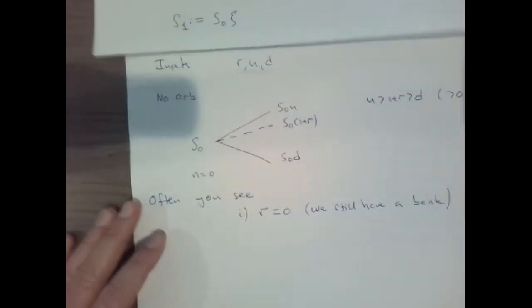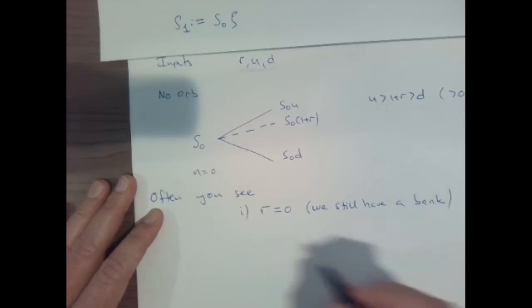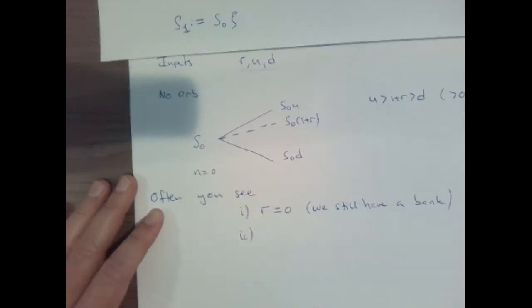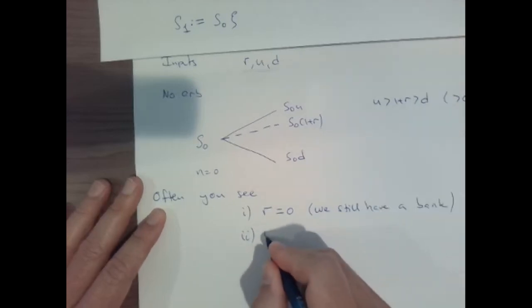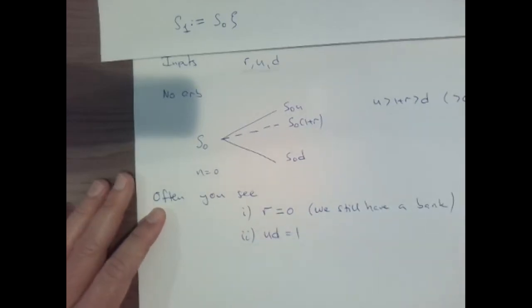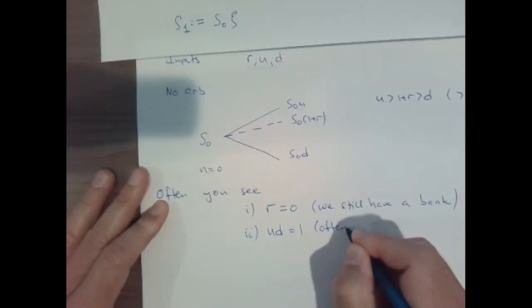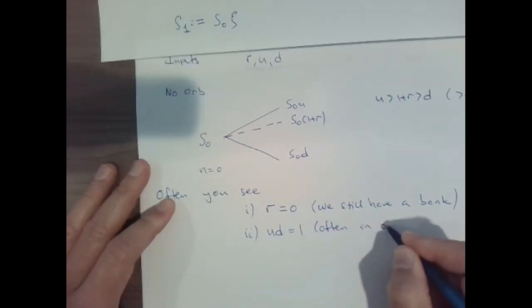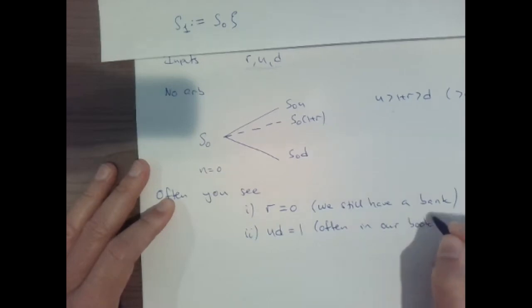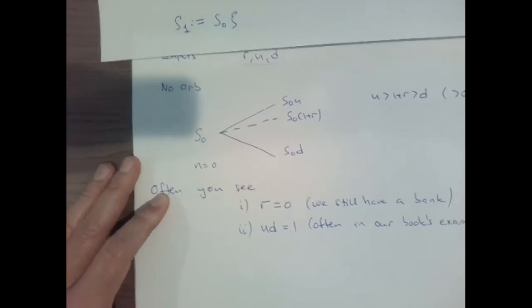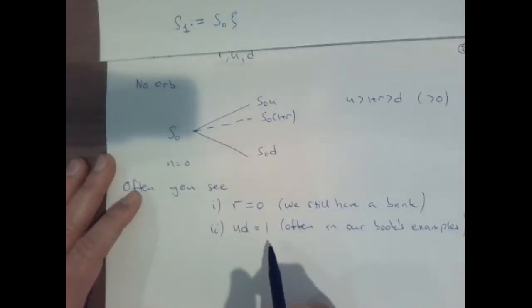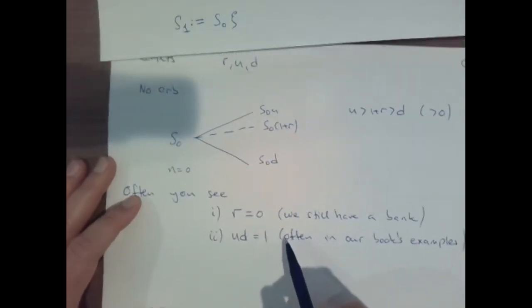So you'll often see that. And another thing you'll often see, in particular in the textbook that we're using, as the author really likes to have his examples have that UD is equal to 1. This is often used in our book. These conditions here have nothing to do with no arbitrage.